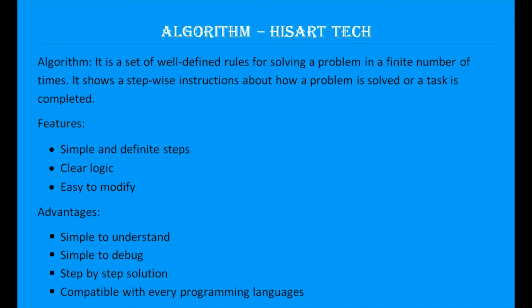So this is what an algorithm means, step by step instructions for how you perform a task or solve a problem. Next we are going to learn what its features are.